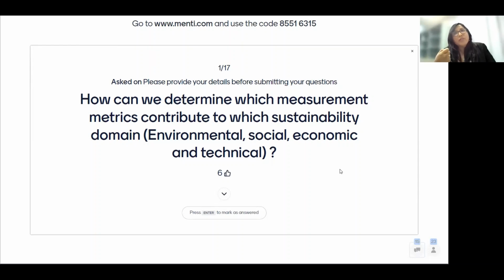If you use the SQ model, you can see which attributes in the SQ model contribute to a certain dimension.